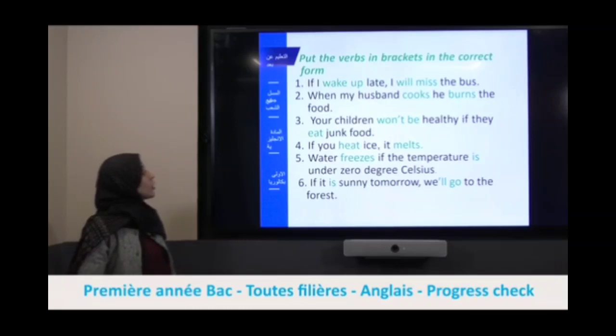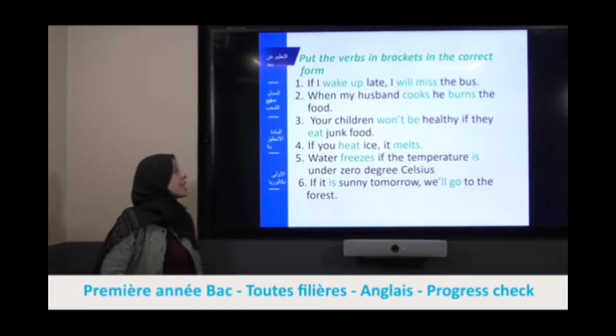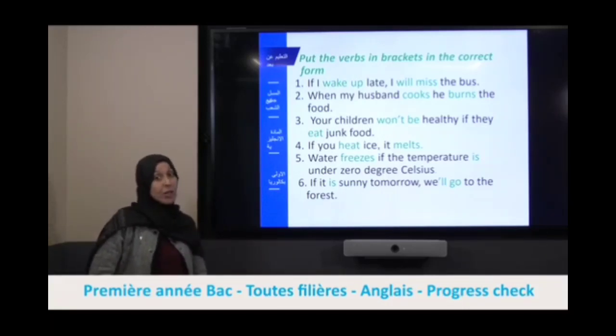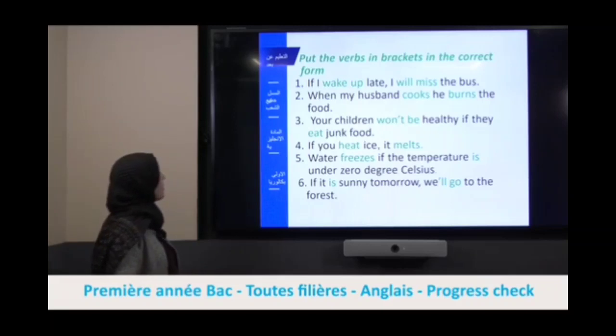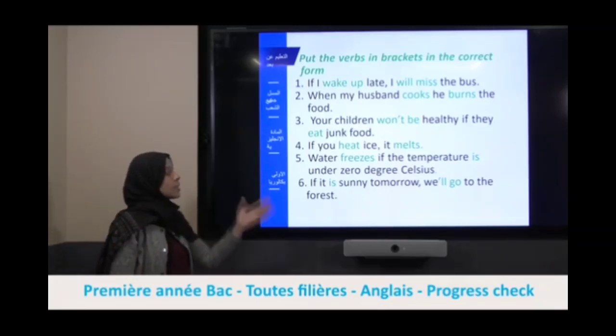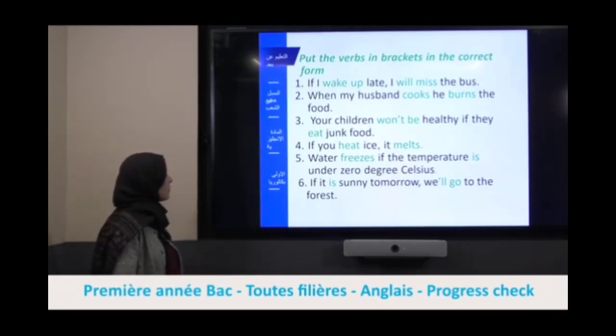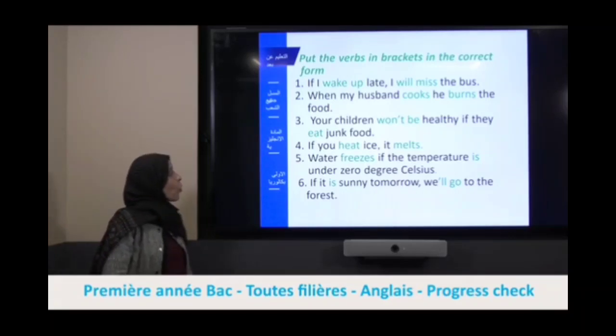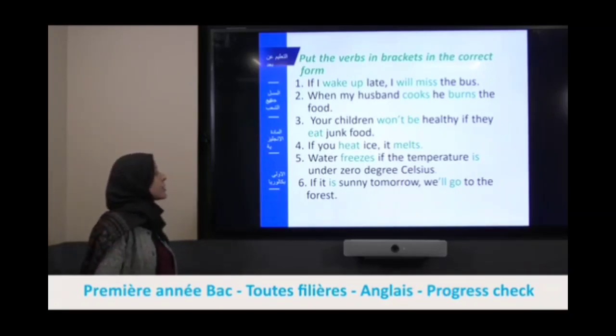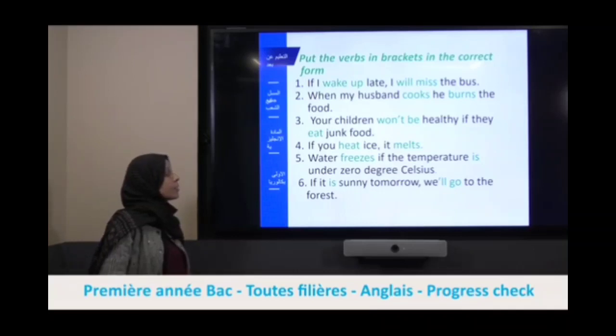3. Your children won't be healthy if they eat junk food. Again, this is conditional type 1, because it is a possible situation in the future. Number 4, if you heat ice, it melts. Number 5, water freezes if the temperature is under 0 degrees Celsius.